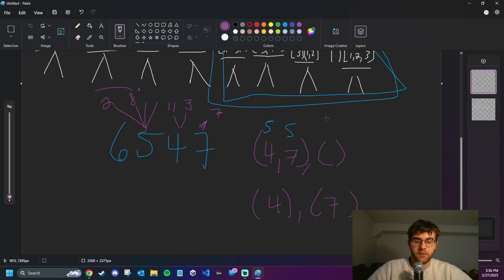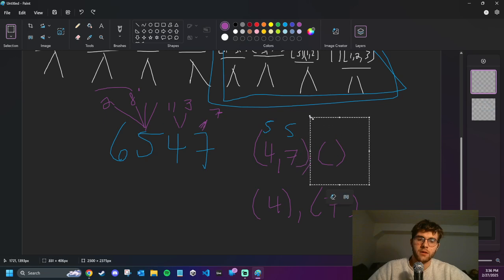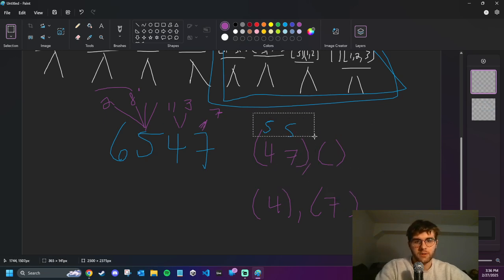If you add a 5 here, so wait. I don't like the way that I drew this. I'm getting confused.